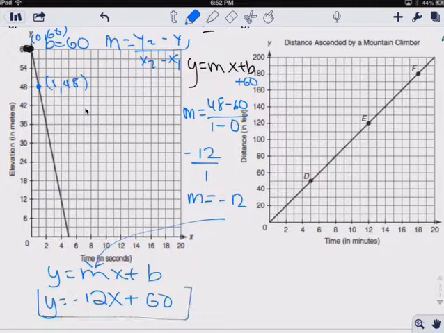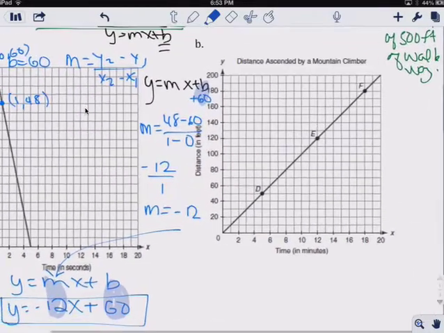Now, if you want to use point-slope, you can come to the same answer. But once you have the critical y-intercept, you do not have to use point-slope. You just identify the b, then find the slope and substitute it in, and that's your answer.